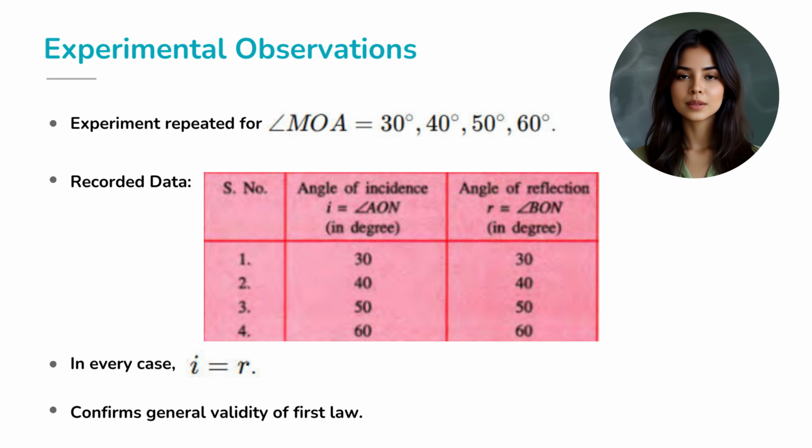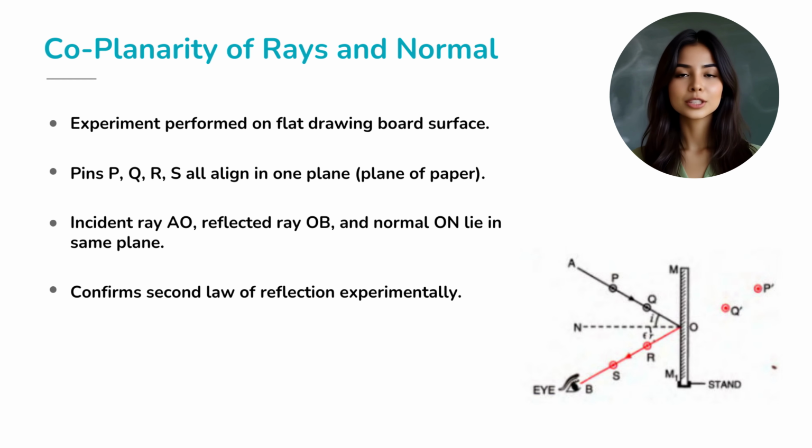Every single time, incidence angle equals reflection angle. The law holds firm like a loyal friend. No exceptions. Now let's check the second law. Remember, it says the incident ray, the reflected ray, and the normal must all lie in the same plane. In our setup, everything is pinned on a flat drawing board.